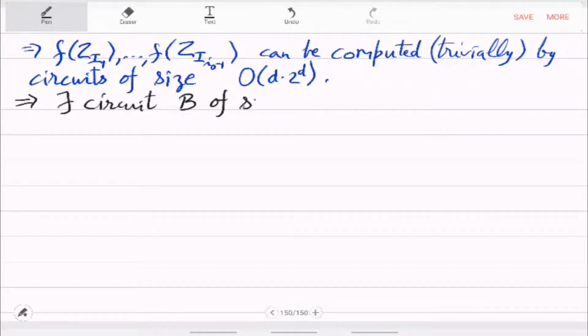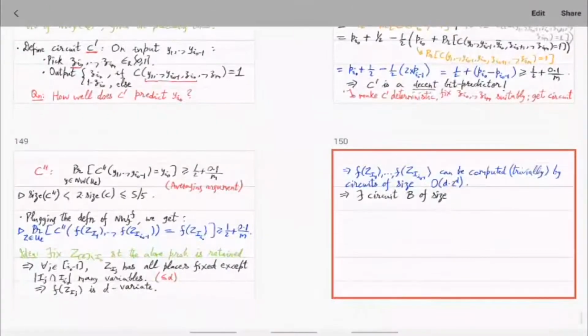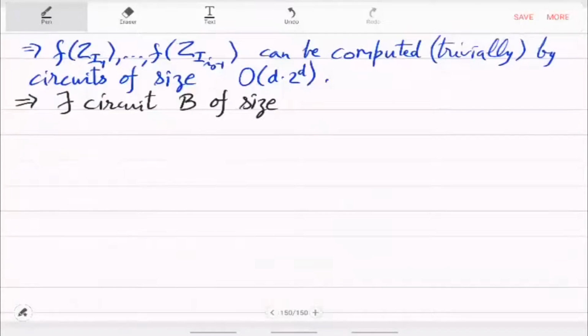Now, let us look at the whole thing which was on the left hand side, right. C prime prime on the arguments f on I1 up to f on I0 minus 1. So, this whole thing, what is the circuit size of this? So, this we will see as a circuit B, and you can estimate the size as follows.